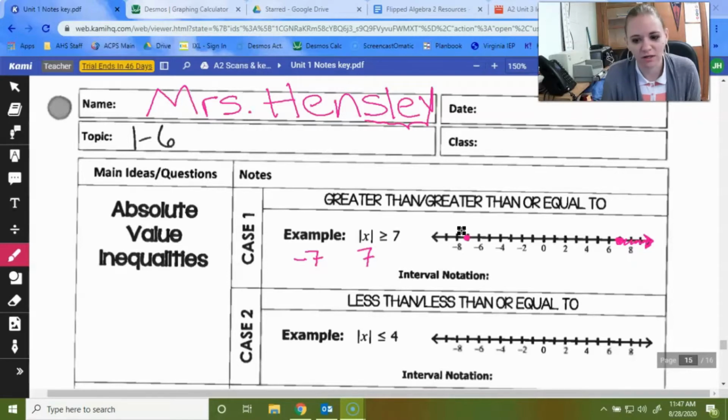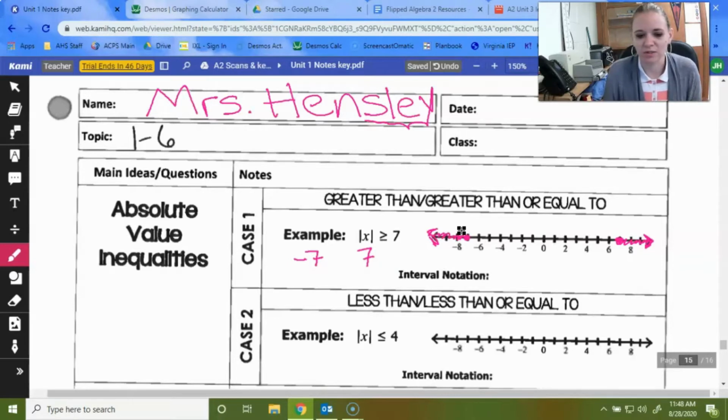That is wrong. So that's why the sign is going to have to flip here, because we really want these values. So if we trial it, plug in negative 8. Negative 8 would drop the negative, and yes, 8 is greater than or equal to 7. So it will flip when you do that negative answer, and it'll go in the opposite direction.